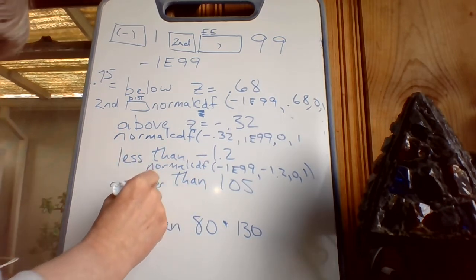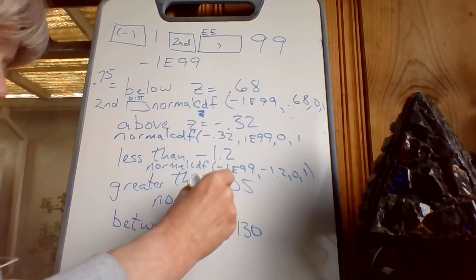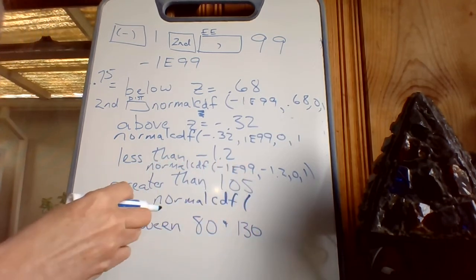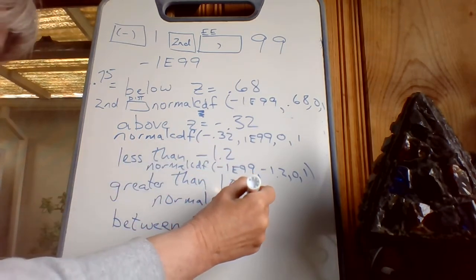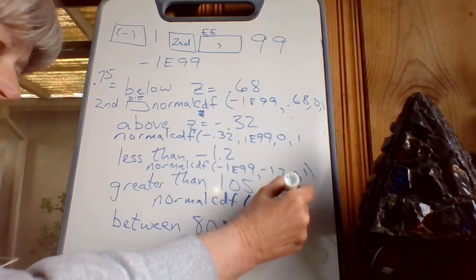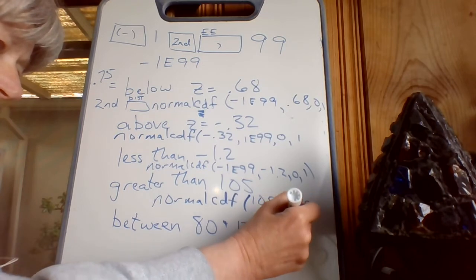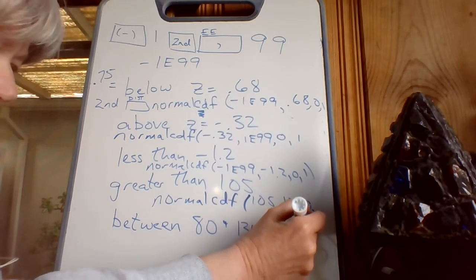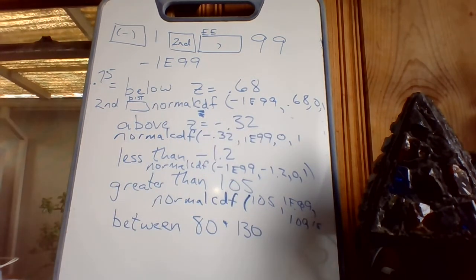So normal CDF, greater than, that's kind of like the same thing as above, so 105 to 1E99, comma 100, comma 15, because it said so in the problem. If it doesn't give you those, you can't finish the problem.